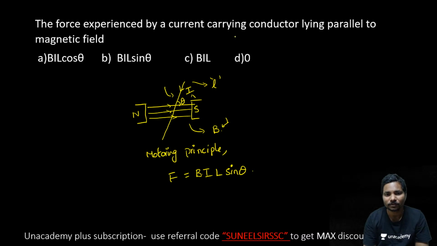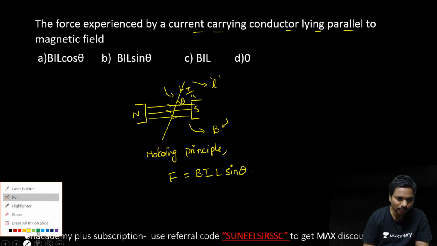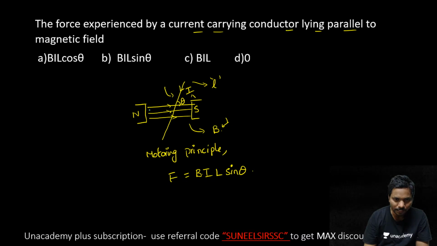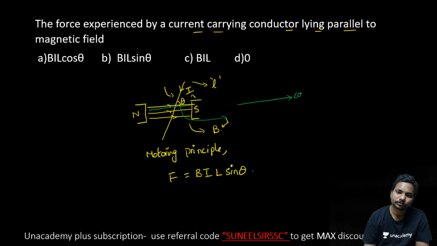Here they have given the current carrying conductor lying parallel. Lying parallel means the conductor is in the same direction as the magnetic field, so both are parallel.